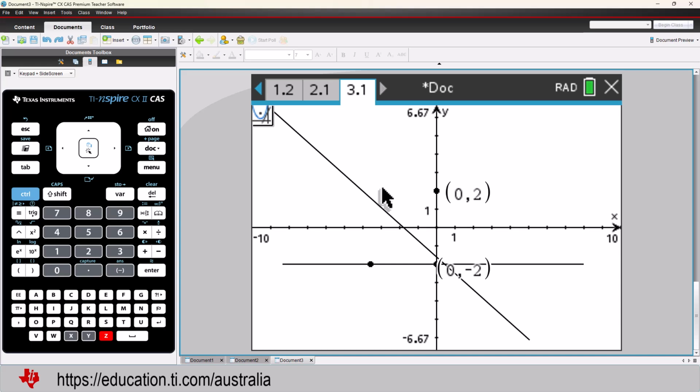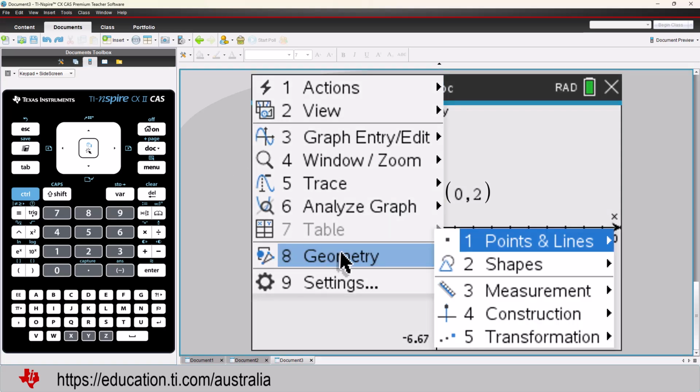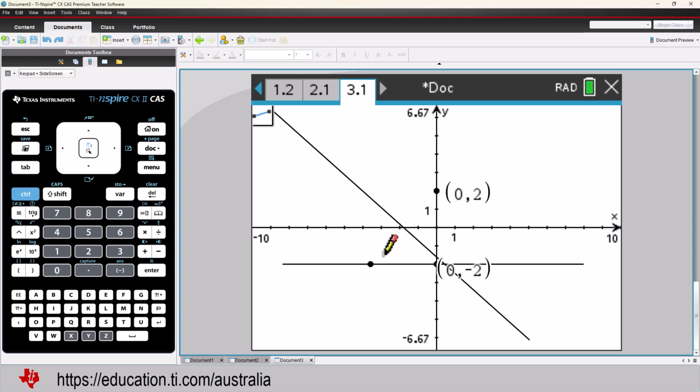Now I'm going to draw a line segment that connects our point on the y-axis to the point on the line. The bisector literally cuts the segment into 2 equal pieces. It bisects it.